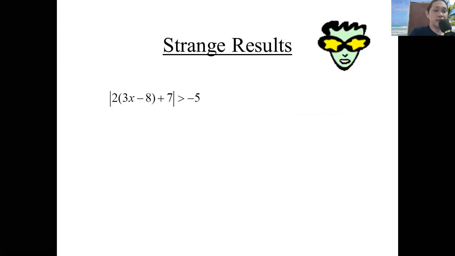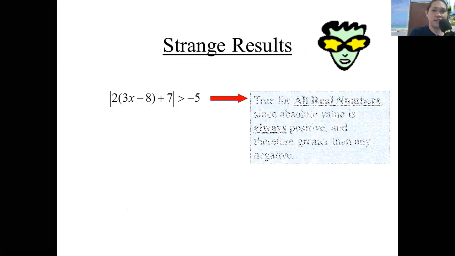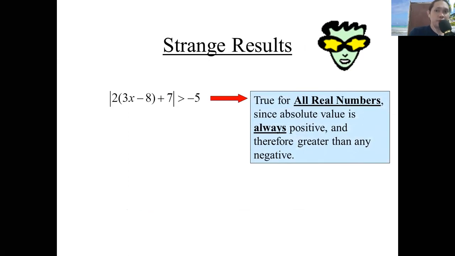So, strange results. We have it there: the absolute value of 2 times the quantity of 3x minus 8, plus 7, greater than negative 5. So true for all real numbers, since absolute value is always positive, correct? And therefore greater than any negative.